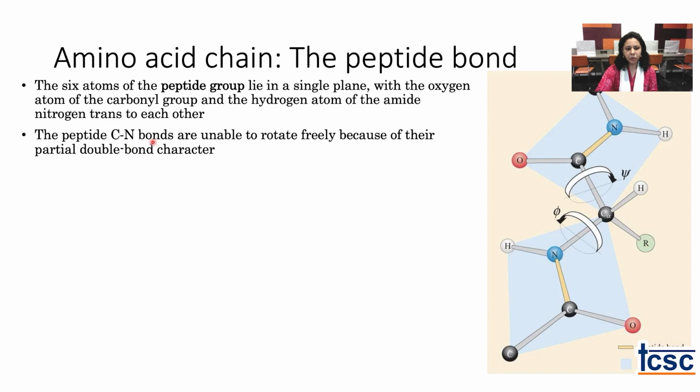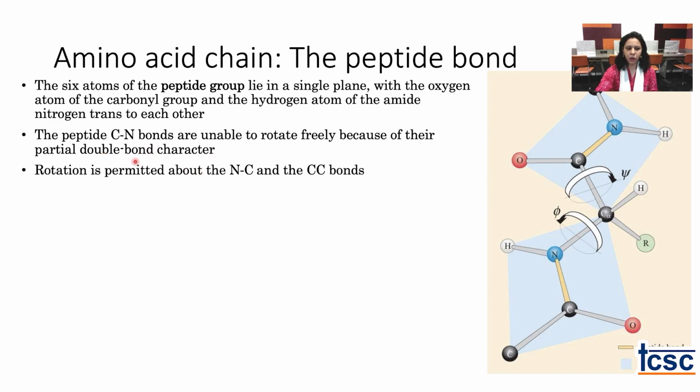However, the CN bond is unable to rotate freely because it has what we call a partial double bond character. And because of this, the rotation is only permitted around the NC bond, that is this bond, and around the C C alpha bond, which is this bond. We will come to the characteristics of these later.